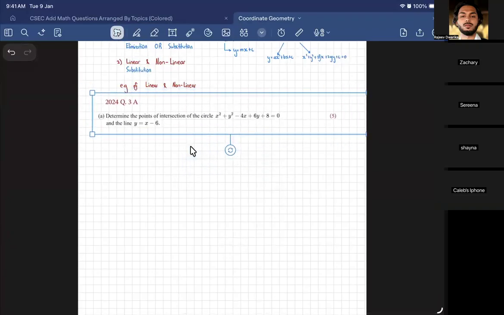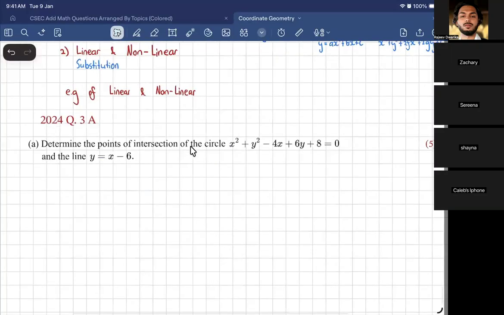All right, who wants to help me with this question? Any volunteers? The hint here is that you have to use the substitution method.